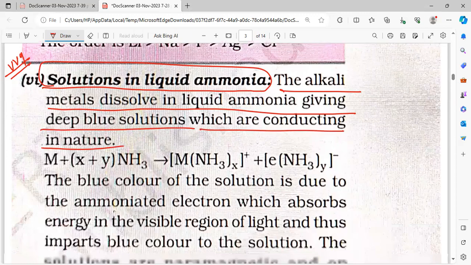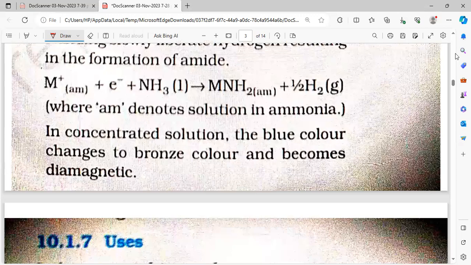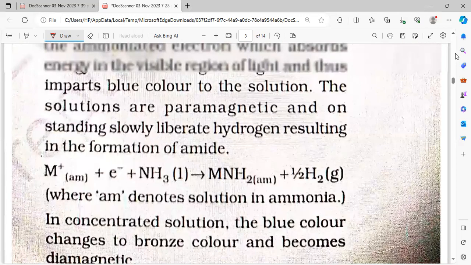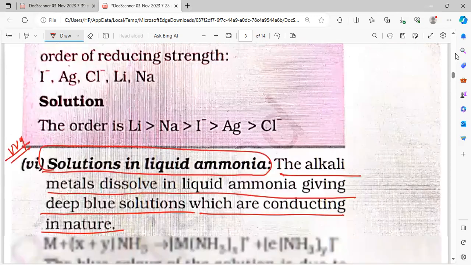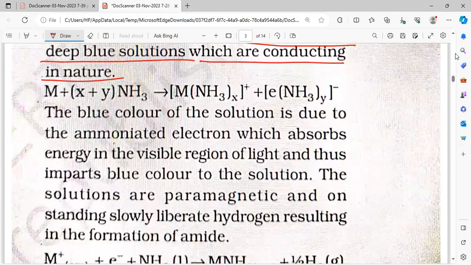Now here I need to find some blank page so that I can explain. See what is happening here. M you have taken. M, if you are dissolving, it will form one M+ and one electron minus.